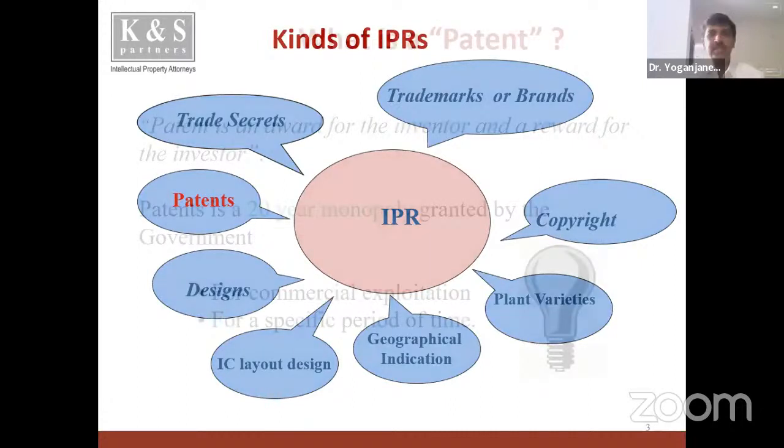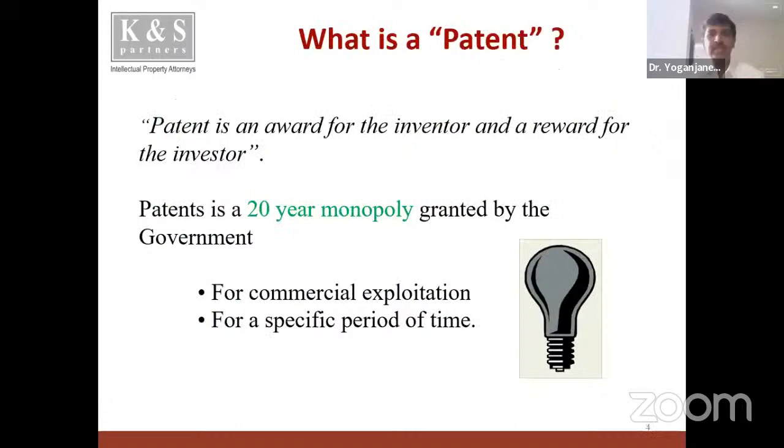So a patent is an award for the inventor and a reward for the investor. So how does it give an award for the inventor and a reward for the investor? Let us see more details. Once a patent gets granted, an inventor or the applicant of that innovation who filed for a patent application will get a 20-year monopoly in that particular country, and that monopoly will be given by the patent office of that particular country in the form of a patent.